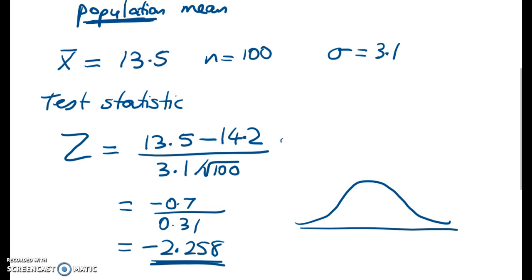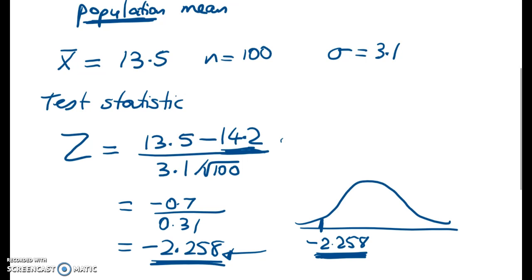What that's saying is, if the population mean really is 14.2, how many standard deviations away from that is our sample outcome of 13.5? And so we can see that it's down here in the tail. So it's not very likely, but we have to now go and compare that to a critical value to see whether this negative 2.258 is so unlikely that at a 2% level we can reject the null hypothesis.